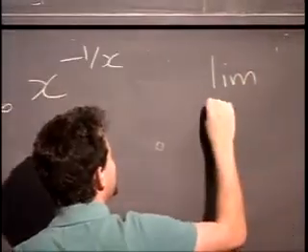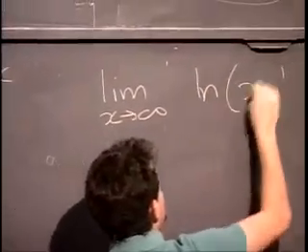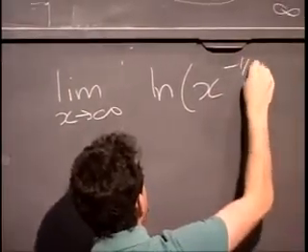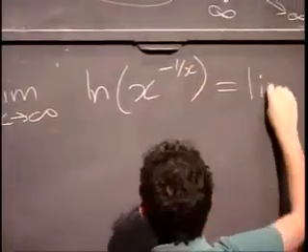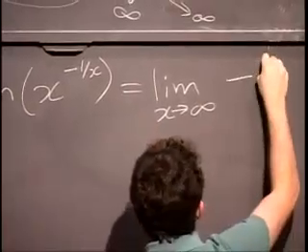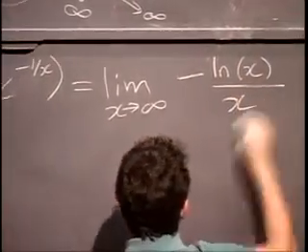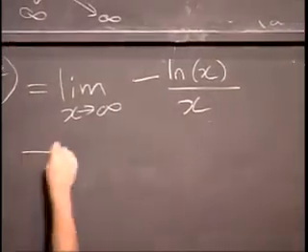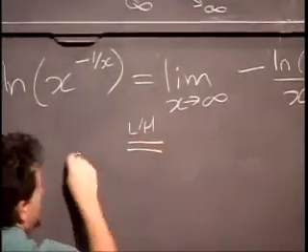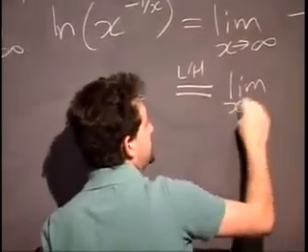Start just by saying limit as x goes to infinity of log of this quantity, x to the minus 1 over x. This is a pretty quick one. You get minus 1 over x times log x, so you get minus log x over x. And this is very straightforward. It's just an infinity over infinity L'Hopital's rule, as you can see by substituting.